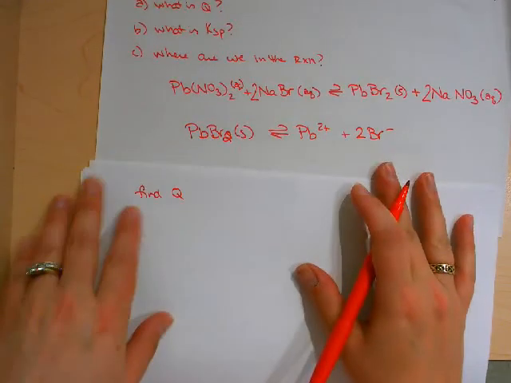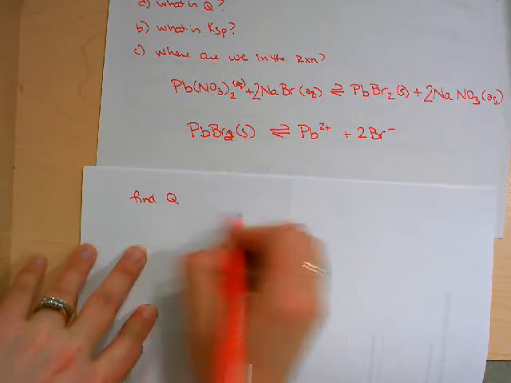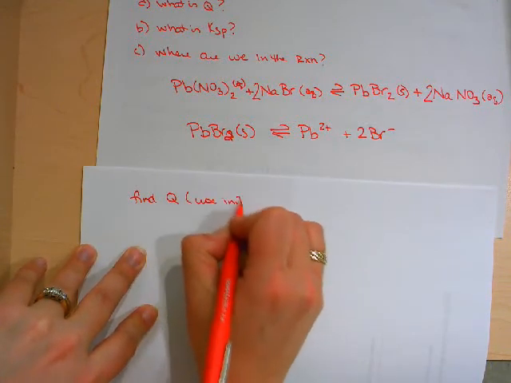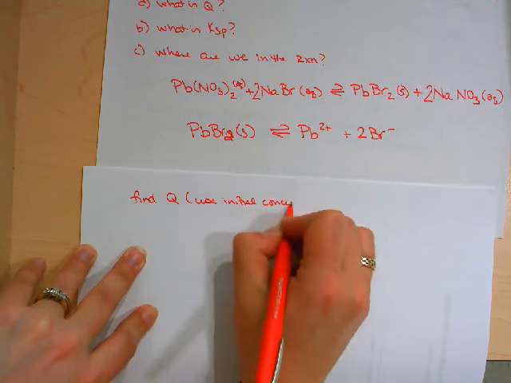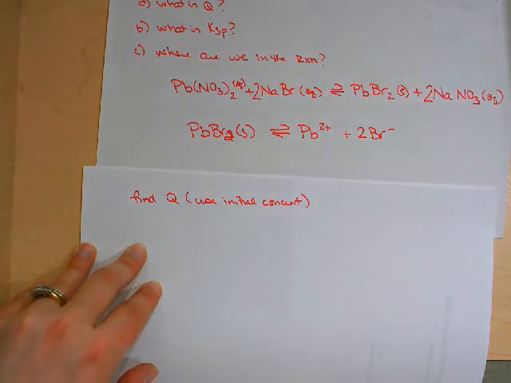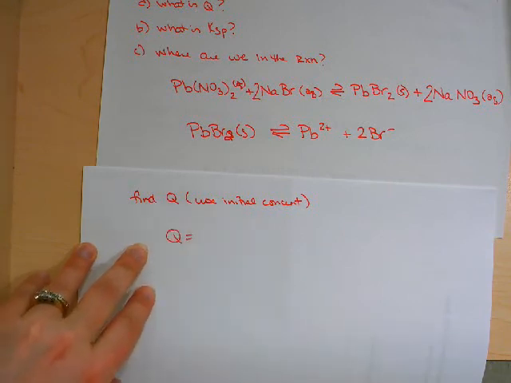So I just plug in the values that I have up here. If I solve it at equilibrium, then I'm actually solving for KSP. So I want to find Q, which uses the initial amounts. What should Q be equal to?